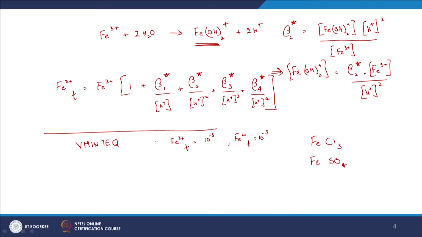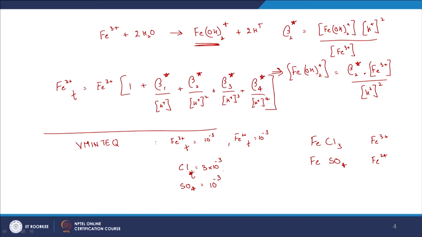FeSO4, let's say, and this is the source for the Fe3+ and this for Fe2+. For that I need to put in Cl total equal to 3 times 10 power minus 3, and SO4 total is going to be equal to 10 power minus 3.